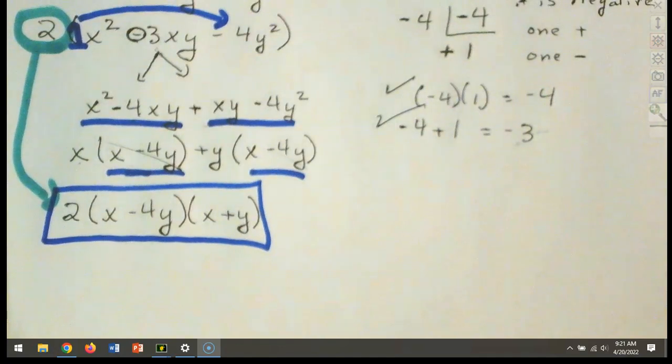Okay, so let's look now at 5-2. I'm going to pick a couple more from our textbook here that we're going to try to factor. How about, and I'm on page 355, how about we look at number 50?